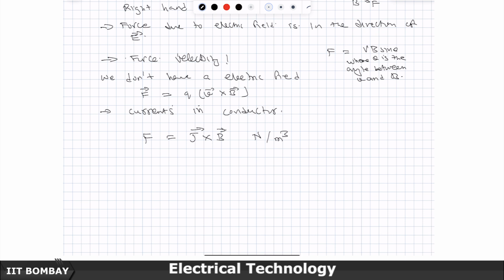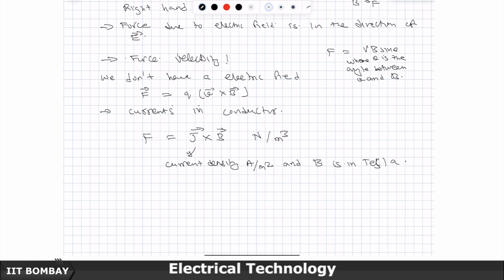Force is the density of the force, where J is the current density vector, so its unit is amperes per meter square, and B is of course in Tesla.